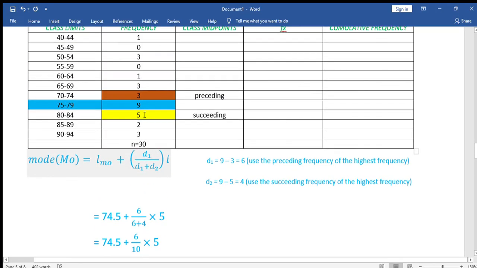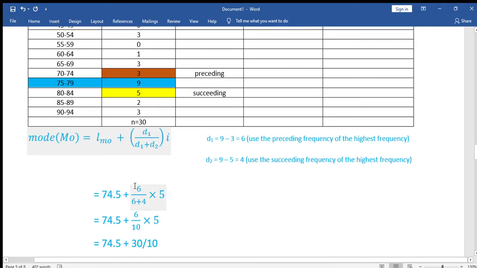Again, to find your d sub 1, just subtract the preceding frequency from your highest frequency, and to find your d sub 2, subtract the succeeding frequency from the highest frequency. Here, this is how we resolved for 6. It's 9 minus 3 and 9 minus 5. That is our d sub 2.